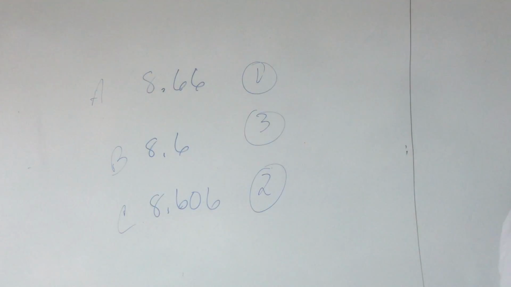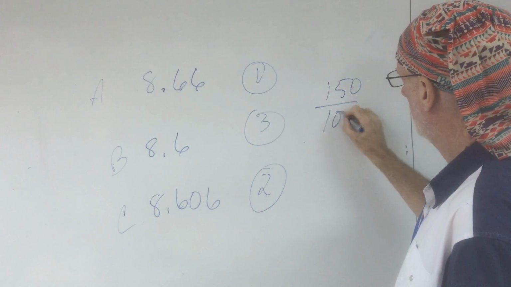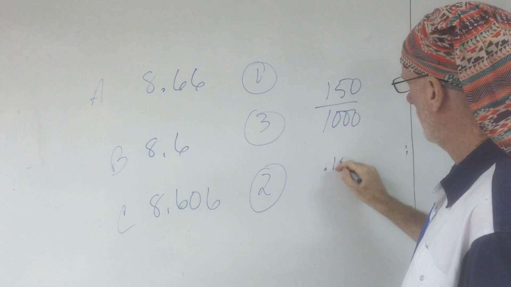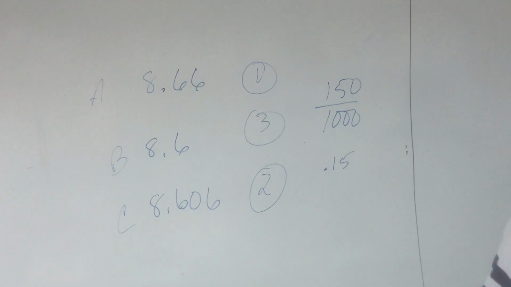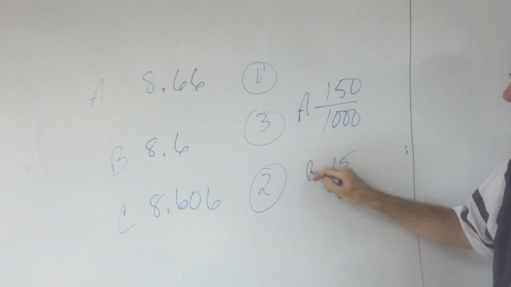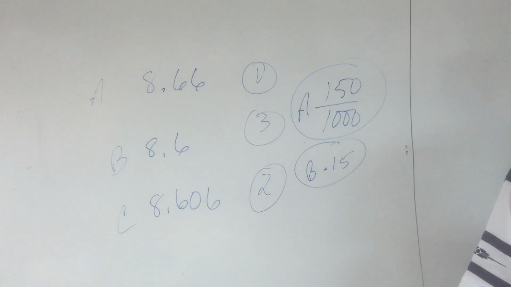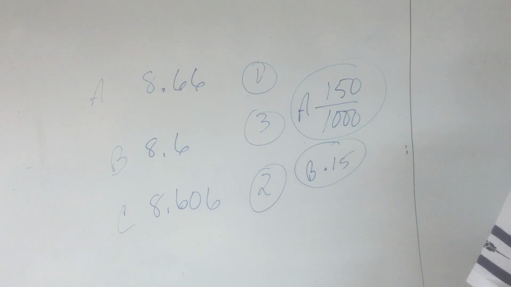Let's do this one. 150 and 0.15. 150,000 and 0.15. 150 and 0.15. Which is larger? We'll say A and we'll say B. Okay, which one's larger? Maybe you want to write them both down as decimals.